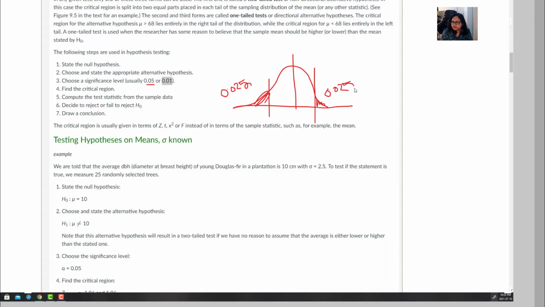If it is a one-sided test, then everything will go to one side. Or if it is 0.01, you can divide it into 2. If the test statistic falls within this region or within this region, then we are going to reject the null hypothesis. If the test statistic value falls within this region in the middle, then we are not going to reject the null hypothesis.